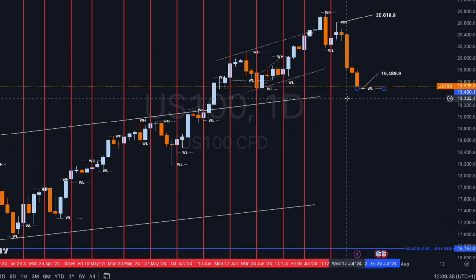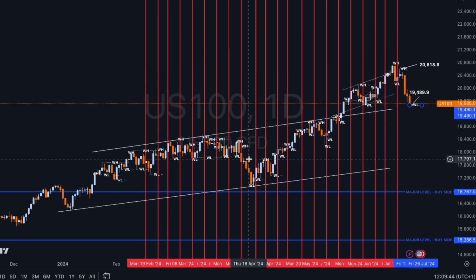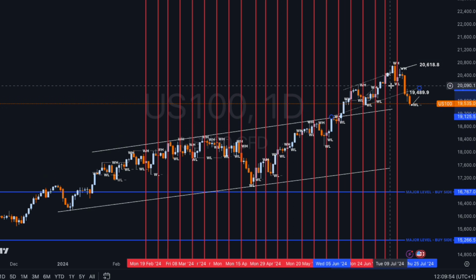So not only do we have 3 really good reasons as to why price is going to be flying down some more, we also have this structure over here that supports why price is flying down some more. And if you've been watching the previous analysis videos that I did in regards to this structure, because we've been tracking this whole thing for weeks now, right?